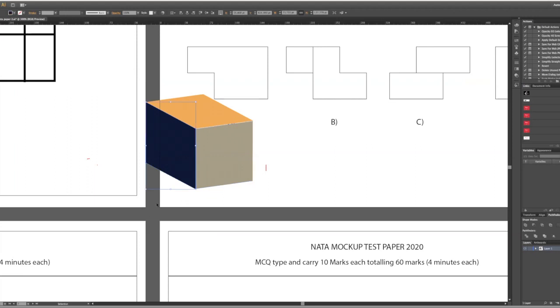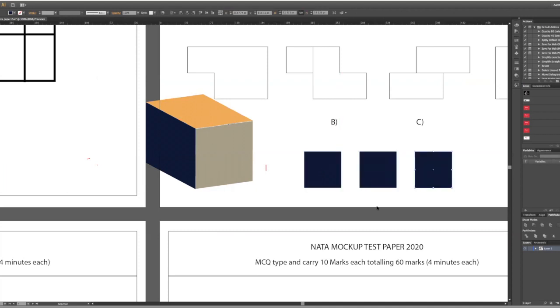So if I have to draw a front side of it, what will be the answer? The golden yellow one. Wait a second. Please, everyone stick with it.